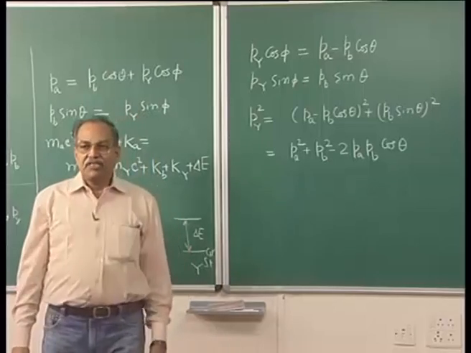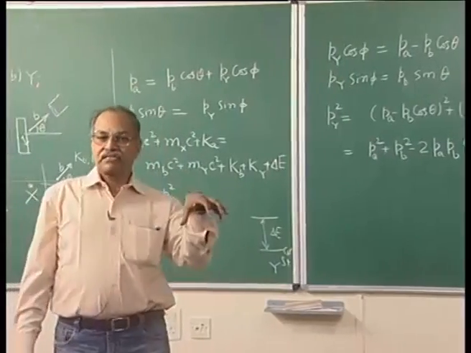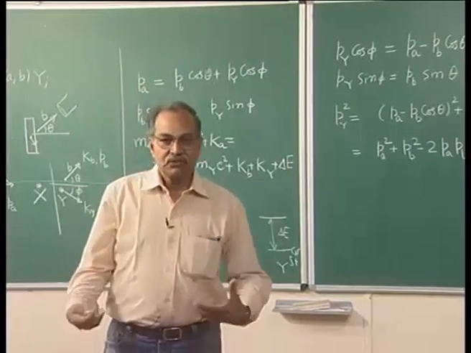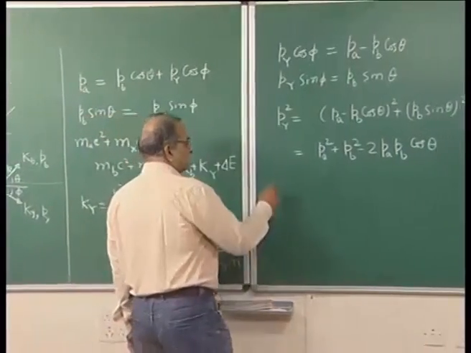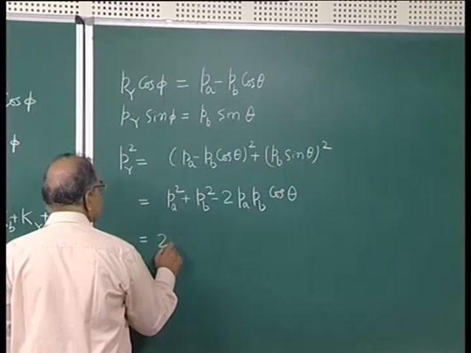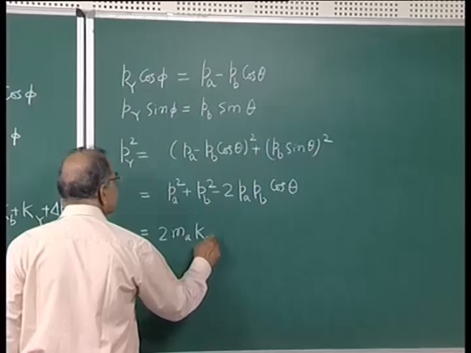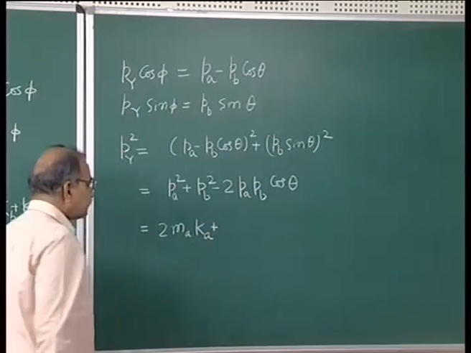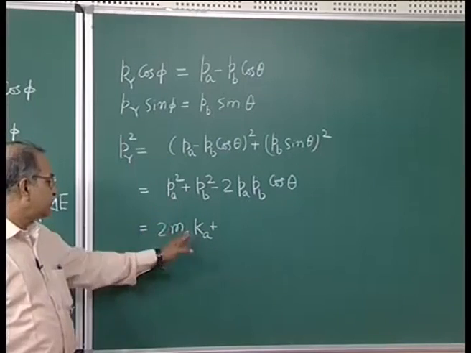You can write these p a p b in terms of the kinetic energies, because that is the quantity that we know, that we measure in experiment. So p a square is 2 m a k a, since k is p square by 2 m.